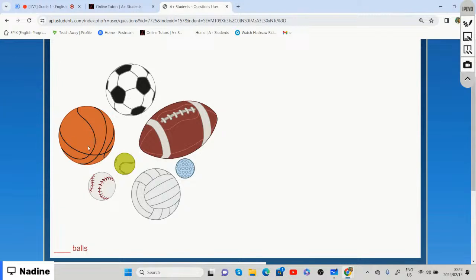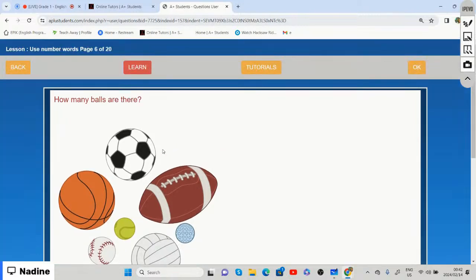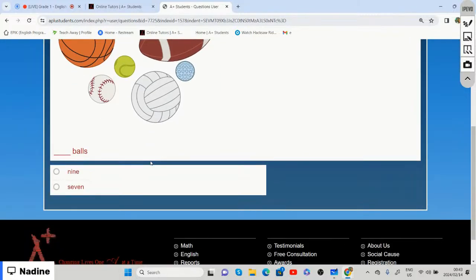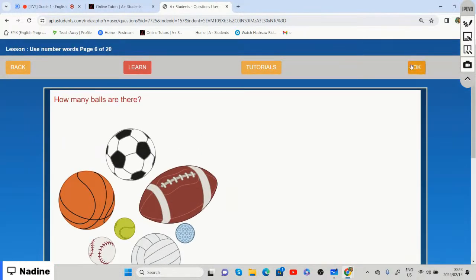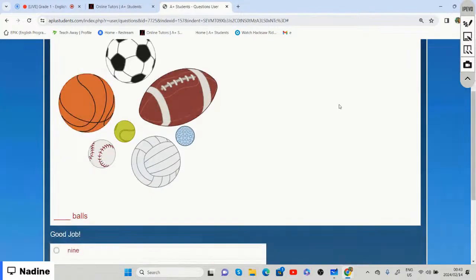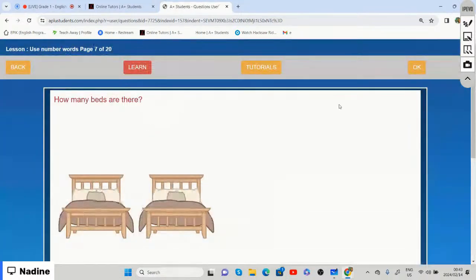Because if we count we say 1, 2, 3, 4, 5, 6, 7. So if we count the balls and they ask us how many balls are there, we'll say there are 7 balls. And the 7 is correct.